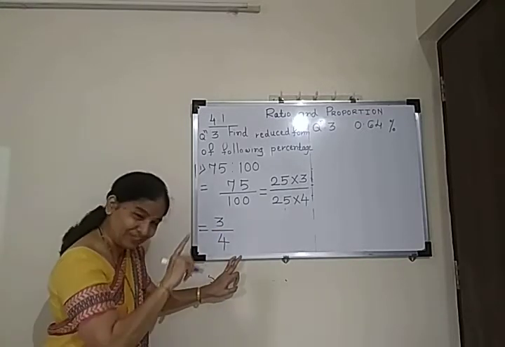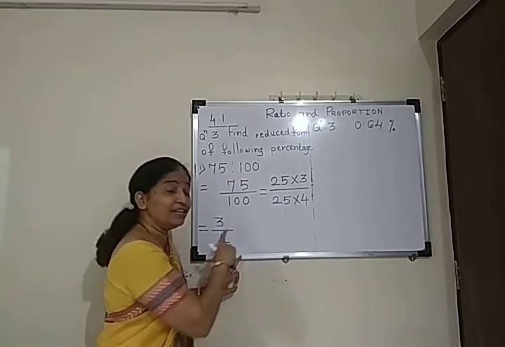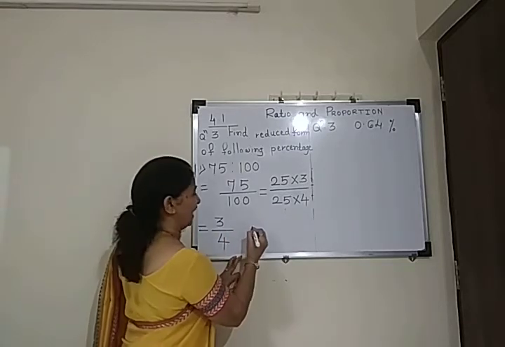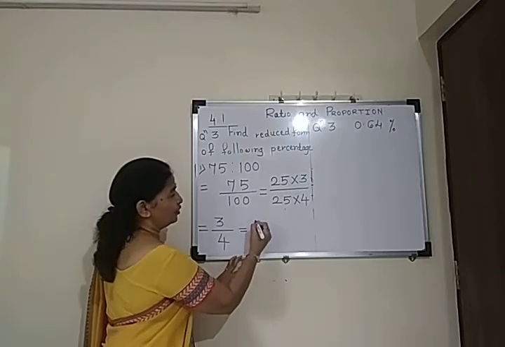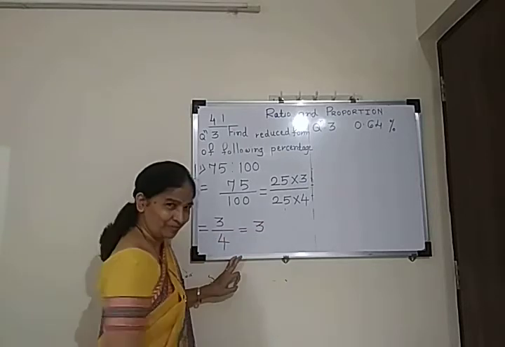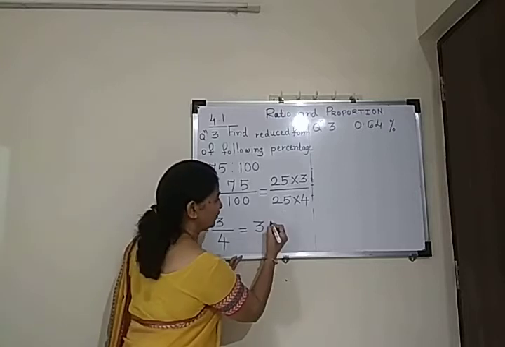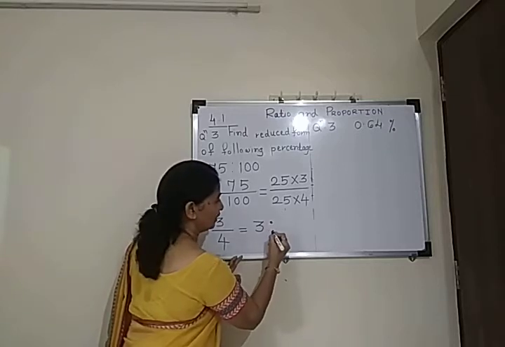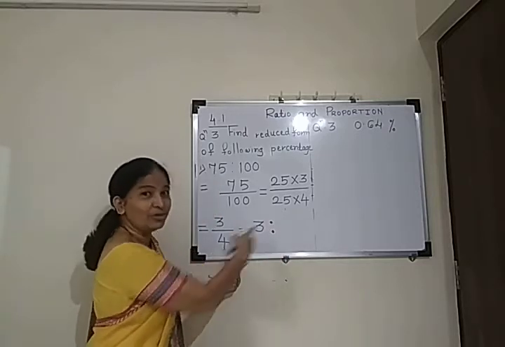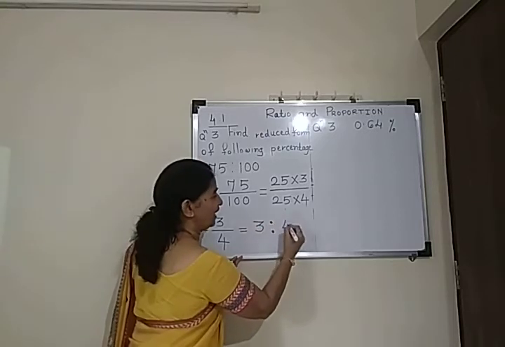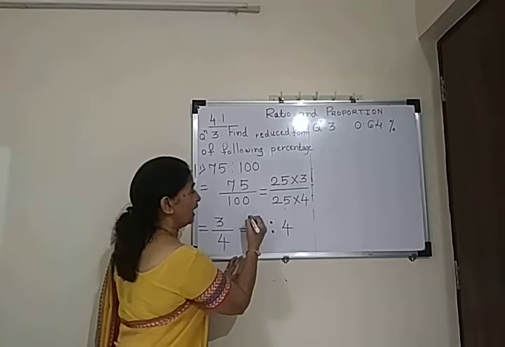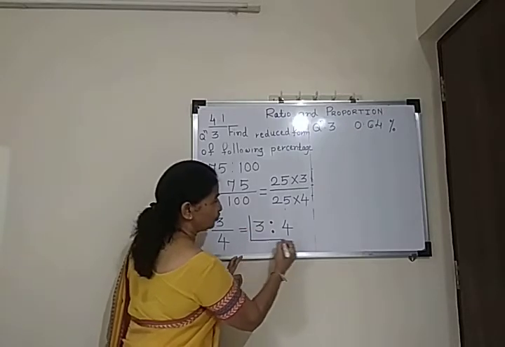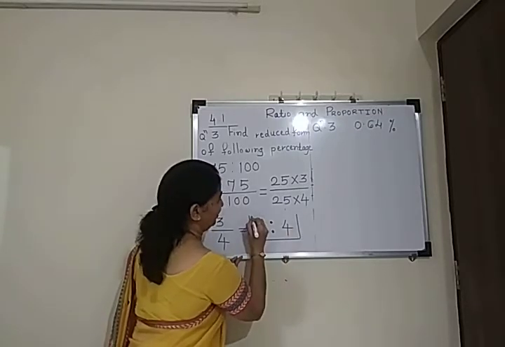And this one in ratio form I can write. See, this numerator is 3, then this sign, and now write the denominator. So the ratio came as 3 is to 4.